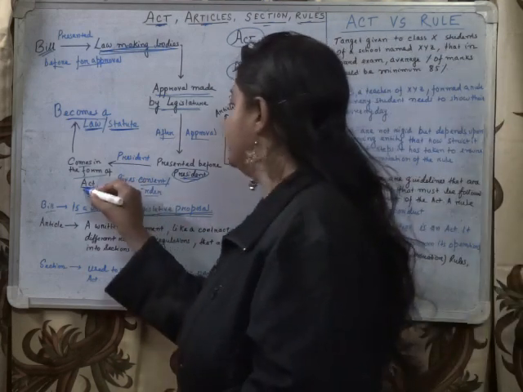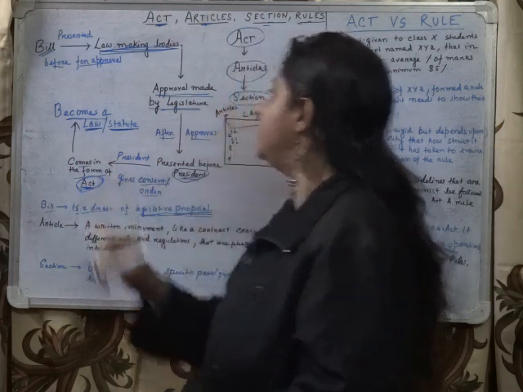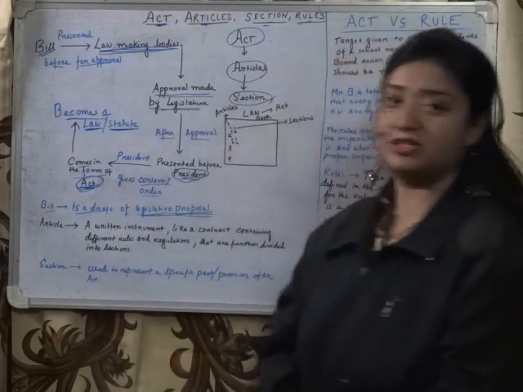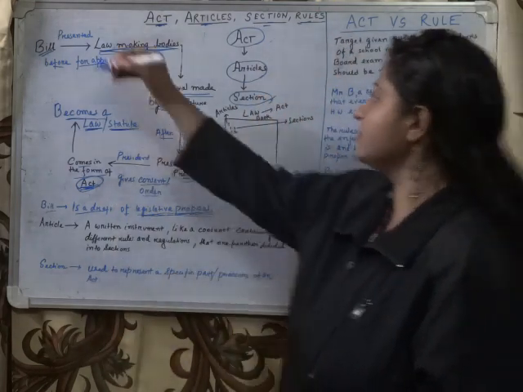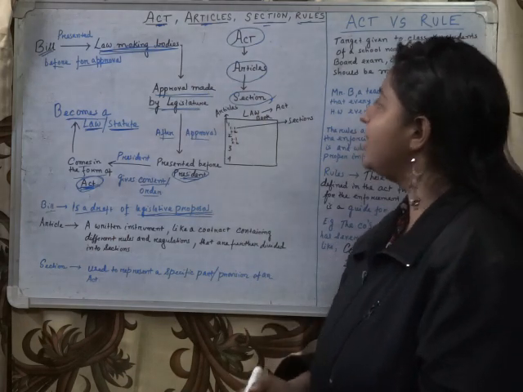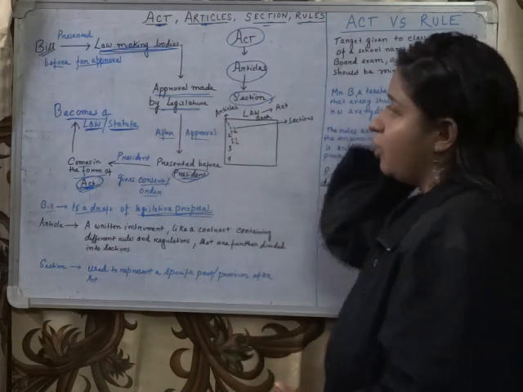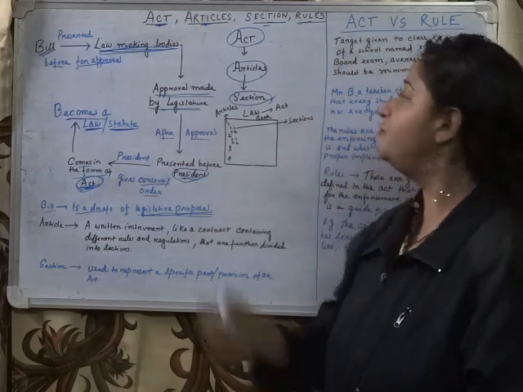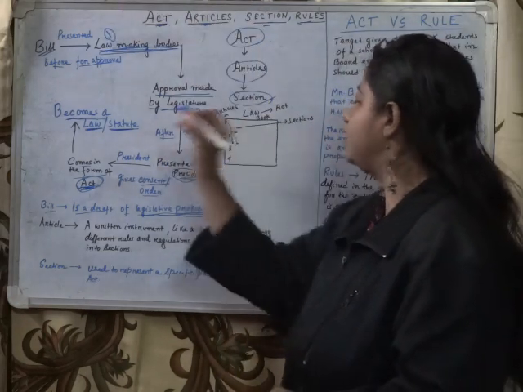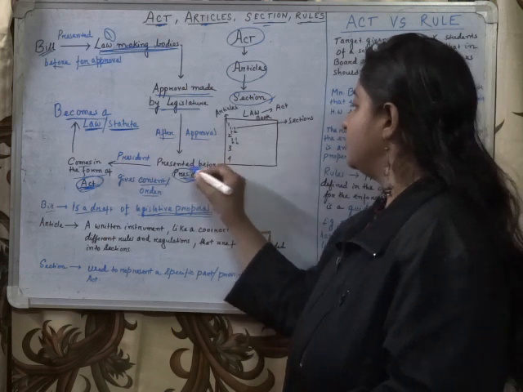Finally, we have seen how a bill is passed and how the bill will form an act. At first, it will be presented before the law-making bodies or legislature, whatever you can call it, for approval. First they will approve, then they will send that bill to the president.